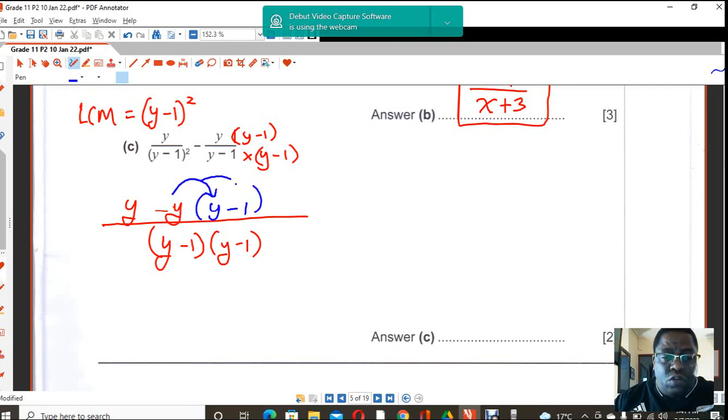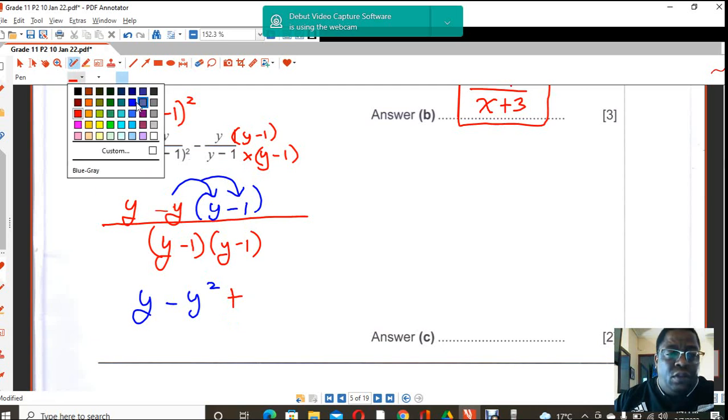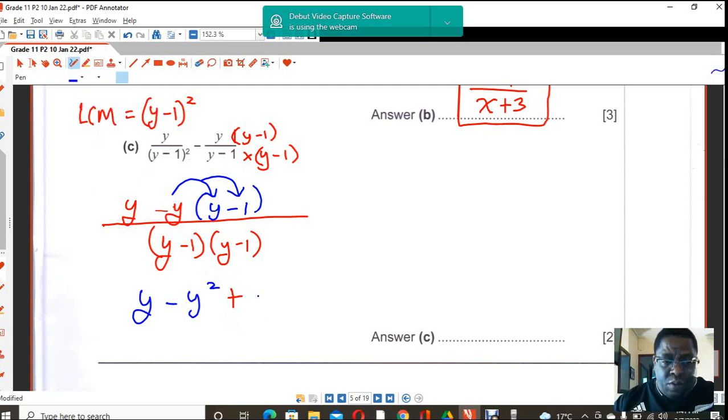So you want to multiply out, and you should be very careful. You have a positive coming. So this is going to be a positive, all right, and then you have plus y all over that same denominator of y minus 1, y minus 1.